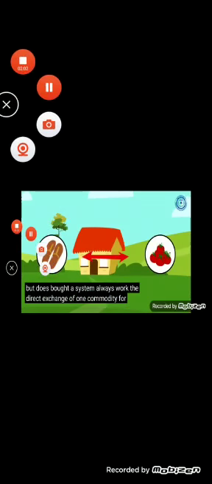But does barter system always work? The direct exchange of one commodity for another requires direct satisfaction of both parties. Now, Manoj needs more vegetables and goes to Kisna, but Kisna doesn't need more footwear. Hence, no barter takes place.